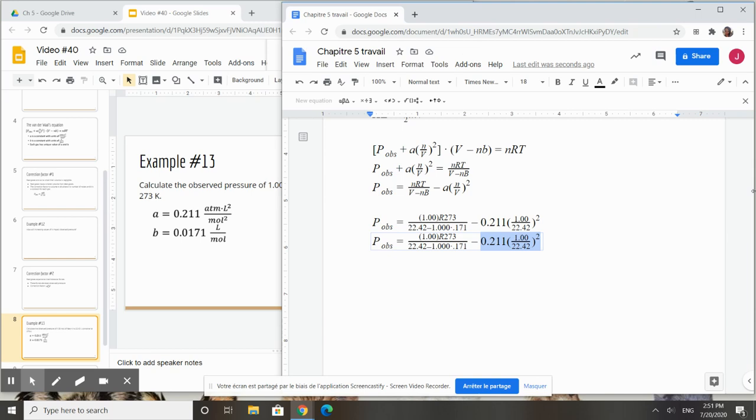For A and for B, you can consider these as not impacting sig figs.